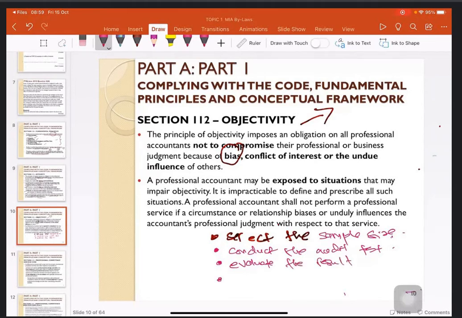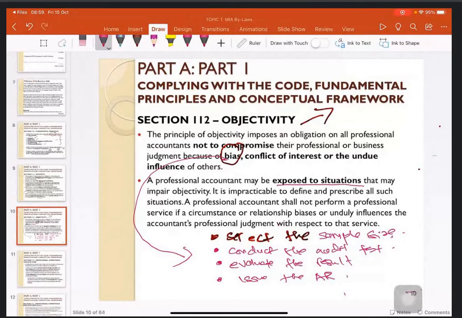And then last one adalah when you issue the audit report. You mestilah very objective and you are not biased. Faham kelas ya? Okay. So as the professional accountant, you should not expose yourself to the situation that may impair your objectivity.